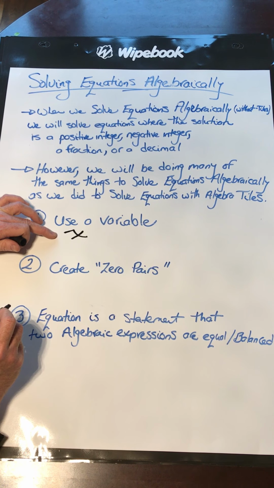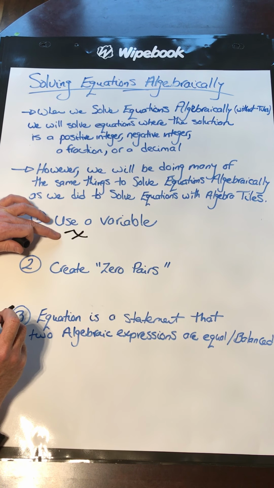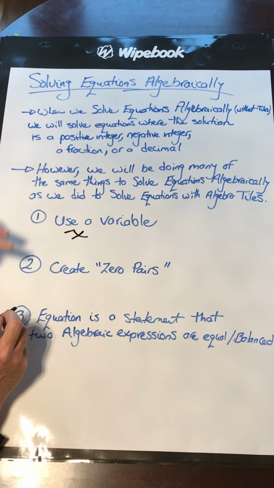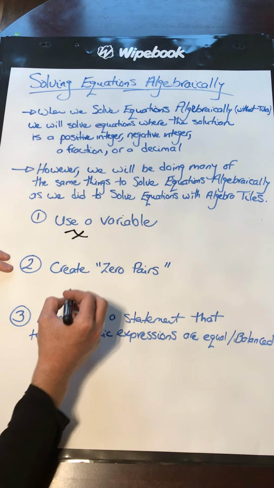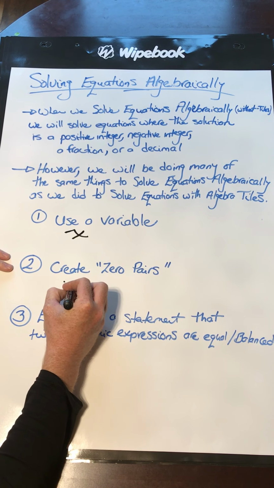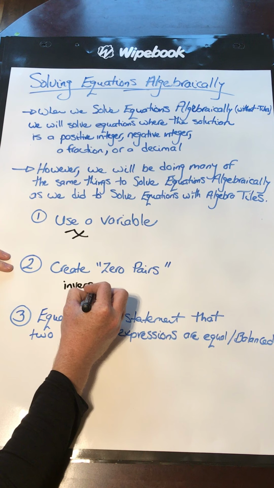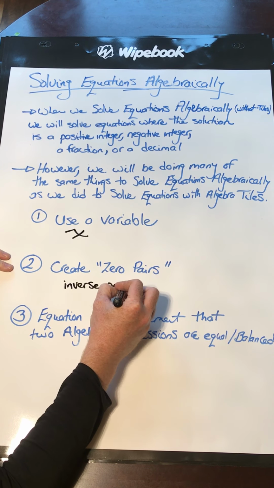And we want to remember that this italicized x does not mean multiply. We're going to look to create zero pairs, but we're going to be doing that with integers and variables versus unit tiles and variable tiles. And one of the things that we're going to be hearing about today is using the inverse operation.